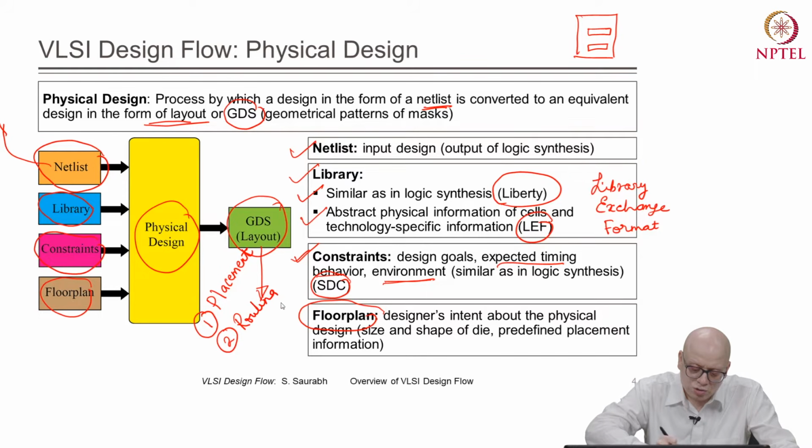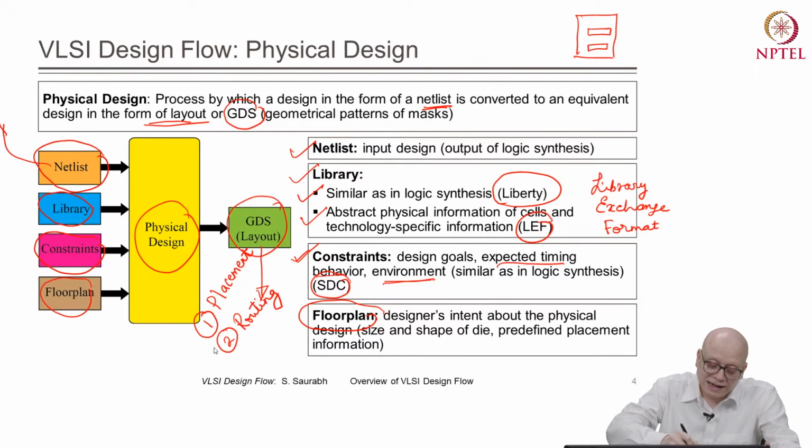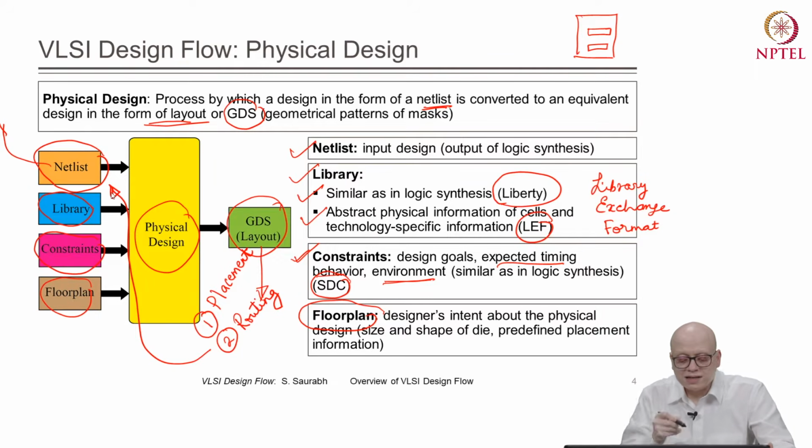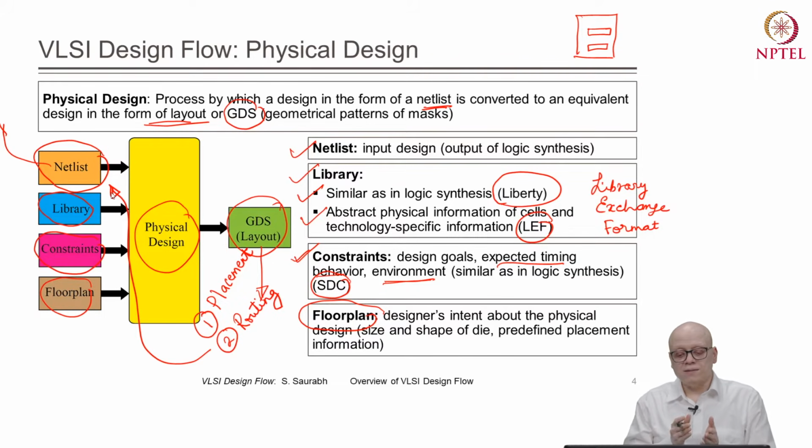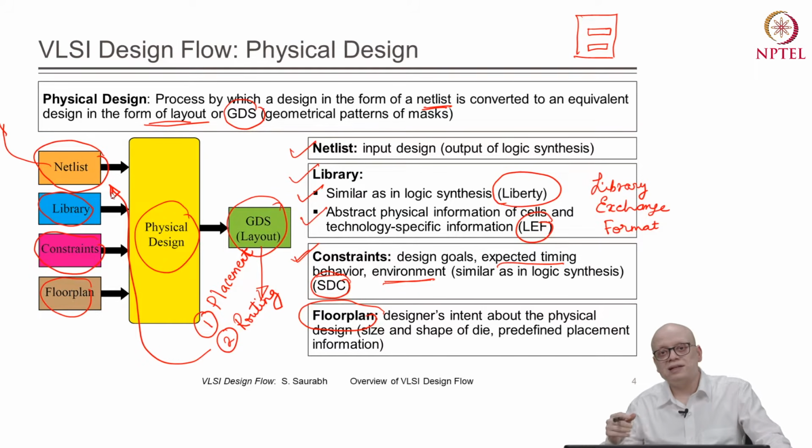And this routing should honor the connectivity that was originally given in the netlist. So, the major tasks of physical design tools are placement and routing, and so sometimes this physical design step is also referred to as place and route, right, because the major steps are placement and routing, but understand that there are many other things that are done by physical design tools in addition to placement and routing, and those are also relevant.